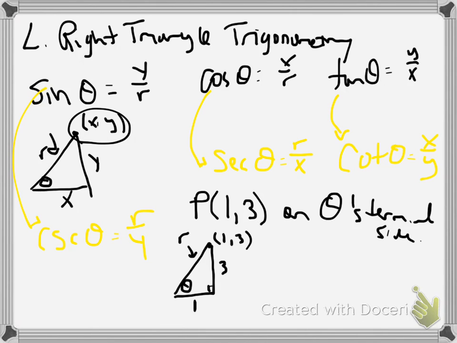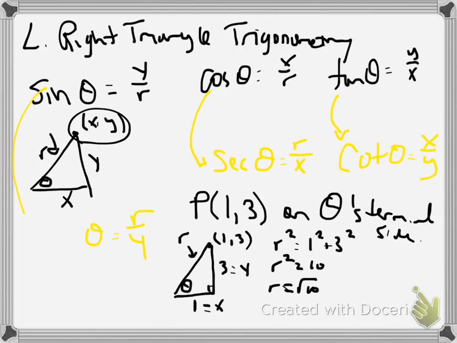But since it's a right triangle, we can figure out the value of r by using the Pythagorean theorem. R squared is 10, so r is the square root of 10. I know r, I know y, I know x. I now can get my 6 trig functions.